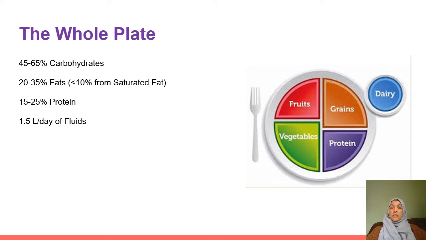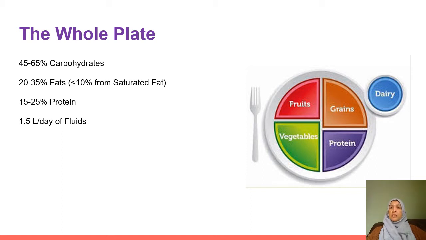Based on the dietary recommendations, each person, especially the elderly residents, should take 45 to 65% of their total calories from carbohydrates that are grains, 20 to 35% from fats, and the recommendation is to have less than 10% of calories from saturated fats.